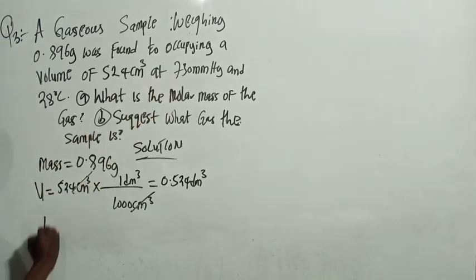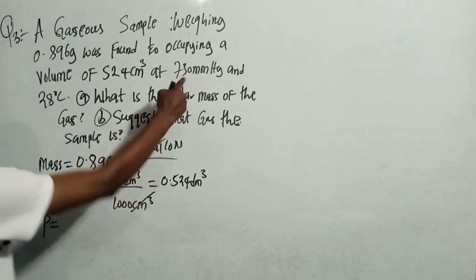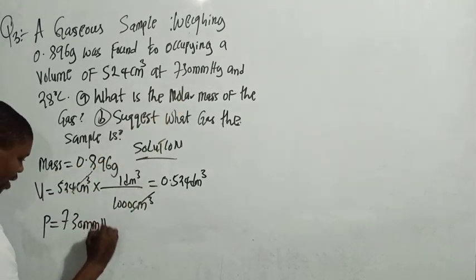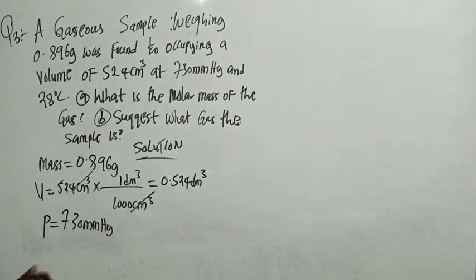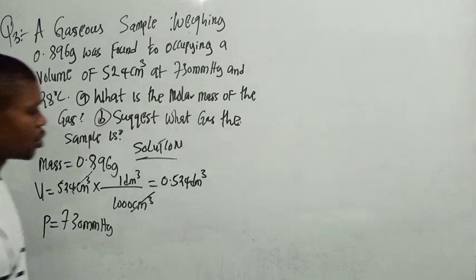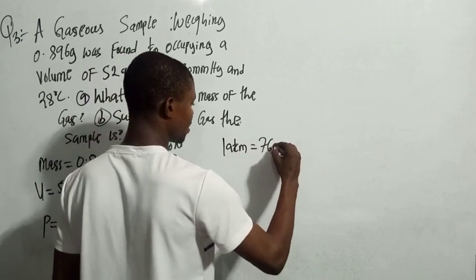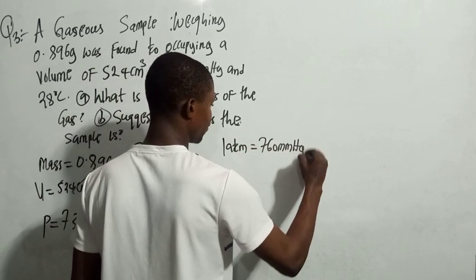Next you want to look at your pressure. So P is 730 millimeter mercury. Now you have to convert it to ATM. Remember, in ideal gas the pressure must be in ATM. So remember 1 ATM is always equal to 760 millimeter mercury.